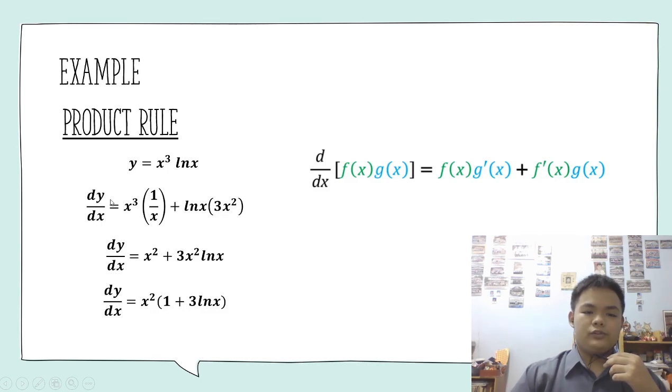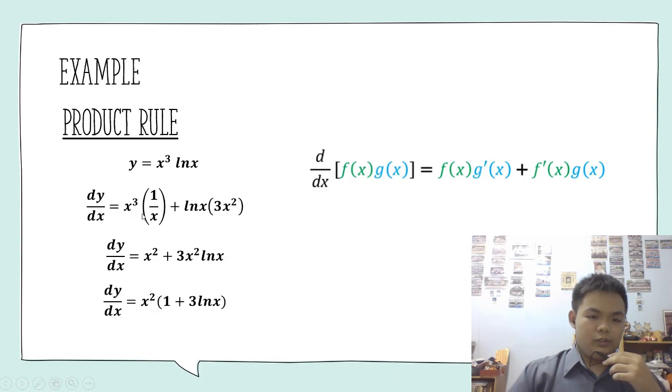Then after differentiating, it will become f(x) g'(x) plus f'(x) g(x). So f(x) is x to the power of 3, g'(x) is the derivative of ln x, which becomes 1 over x, times ln x. The derivative of x to the power of 3 is 3x squared.